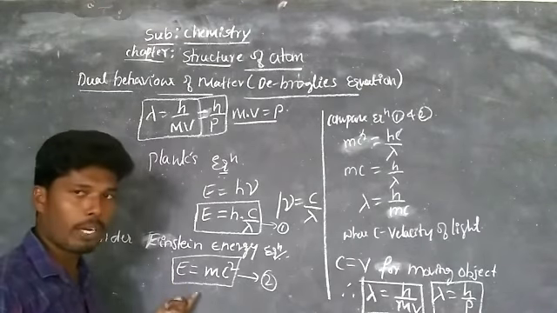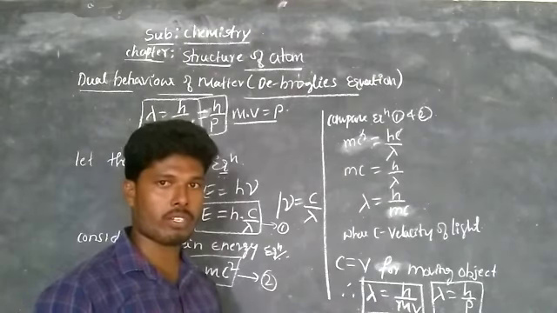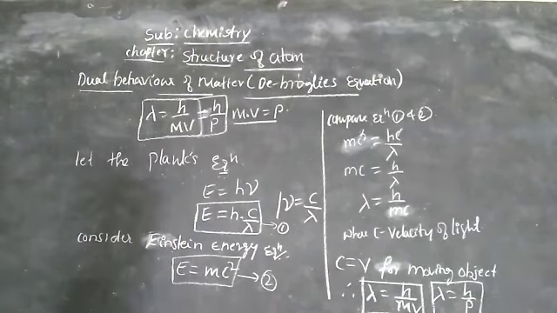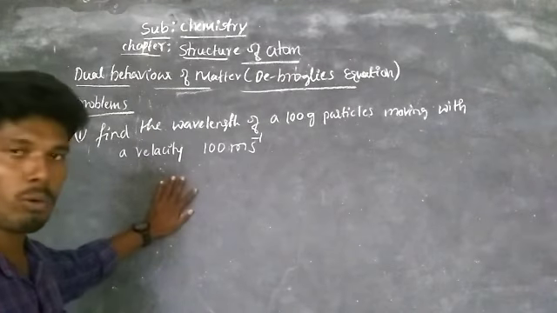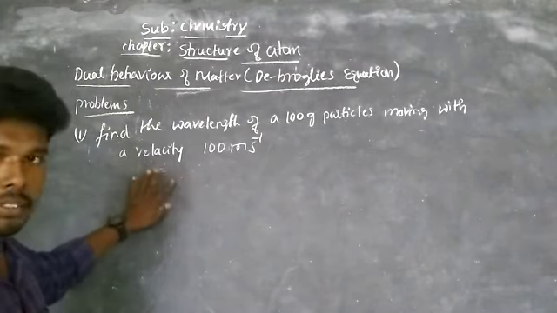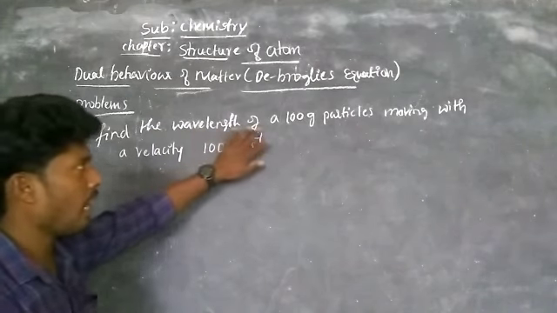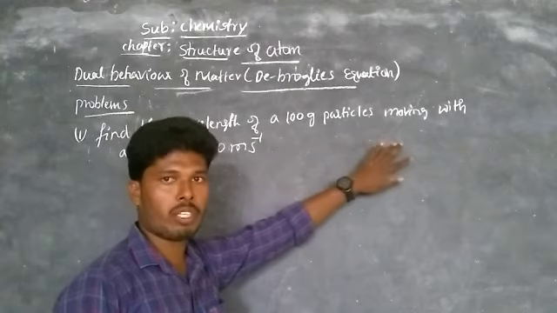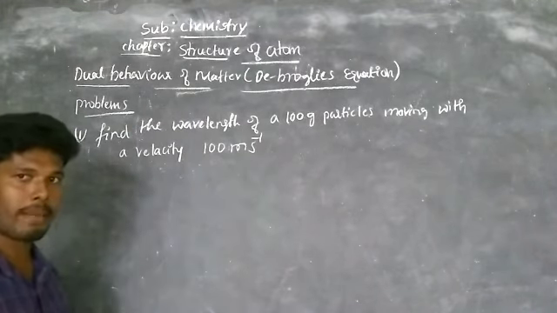So, very important problems on the basis of de Broglie's wave equation. Here the problem is, find the wavelength of a 100 gram particle moving with a velocity of 100 meter per second.